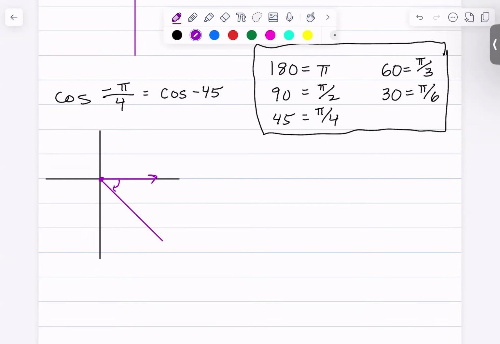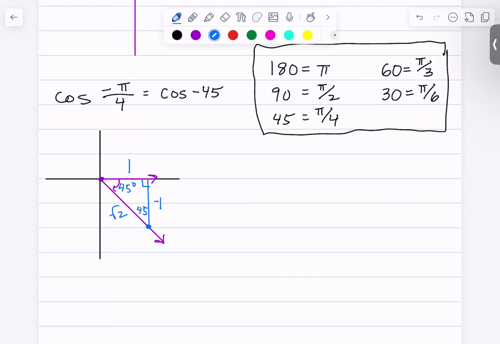45 degrees, right? So I pick a point, go to my x-axis, draw that perpendicular distance, and I know that this is 45 degrees. This is also 45 degrees. I know the ratio is 1, 1, square root of 2, positive x, negative y.